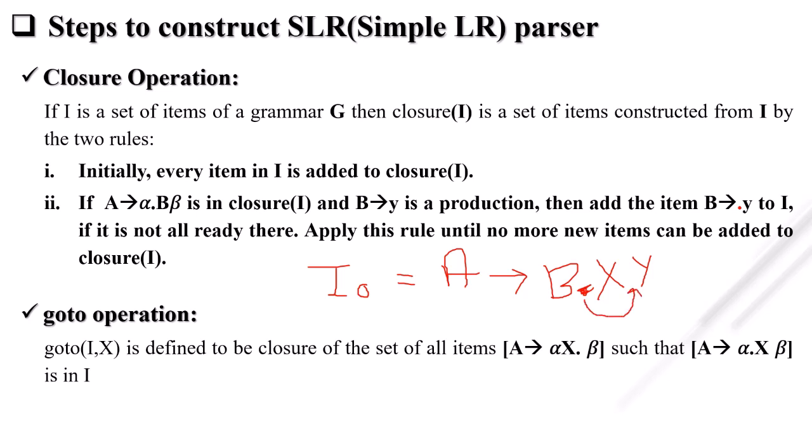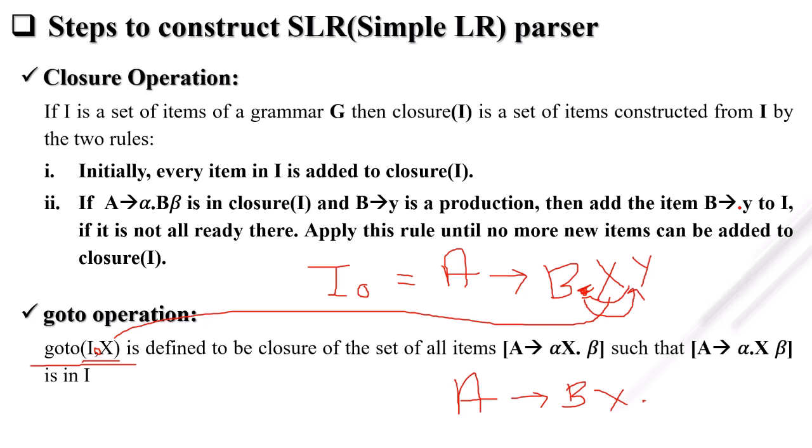Okay, for that I have to write goto I0, X. So what does this indicate? It indicates that we have to shift this dot from here to here. Okay, when I perform this operation, then what is the answer? The answer will be A tends to B X dot Y.